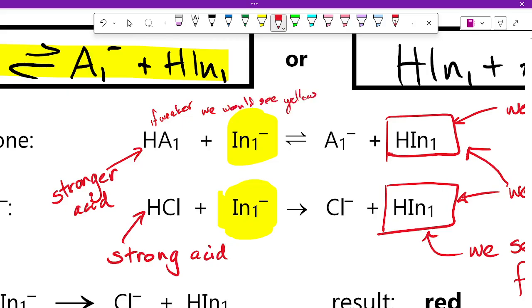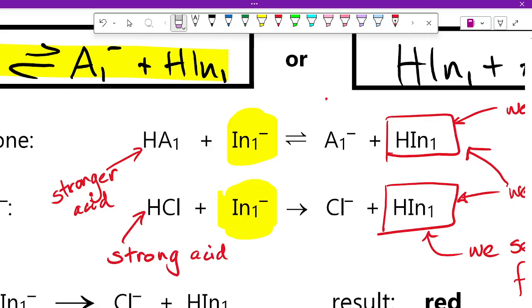So not if it's on the same side. In the second one, the HCl is replacing the HA1. And in both of these cases, HA1 was stronger, and we saw red.